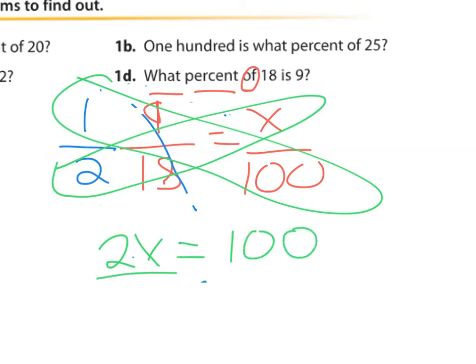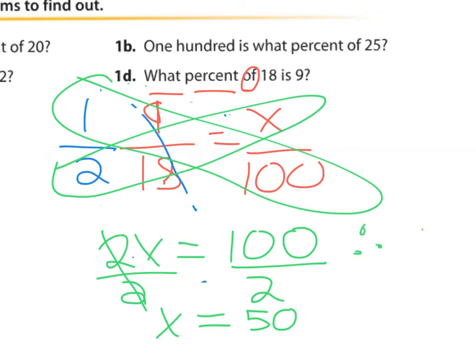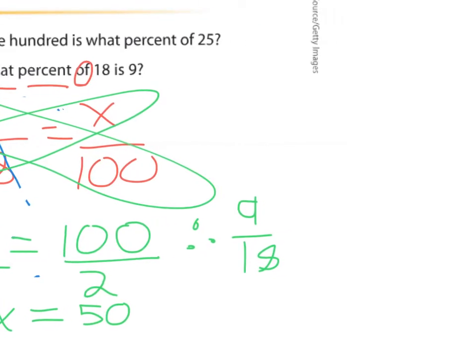You have to use the division property of equality to get rid of the 2 to isolate the x. And when you do that, the 2s are gone. You have x equals 50. Therefore, 9 out of 18 is 50%. There's your therefore.